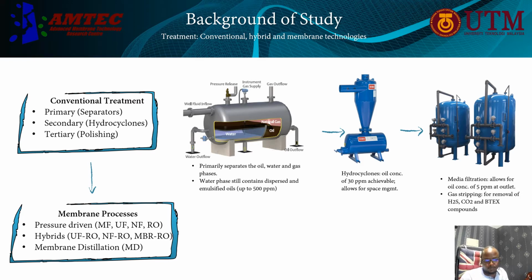It allows monovalent ions, which are predominant in produced water, the sodium chloride, to pass through. RO is able to reject all the salt ions, but it also has limitations in terms of salinity. The higher the salinity, the more the process is affected. You have osmotic pressure build up with increase in concentration of the salt as the process goes on. So it has a limit beyond which it cannot go, usually around 70 to 80,000 ppm of salt.